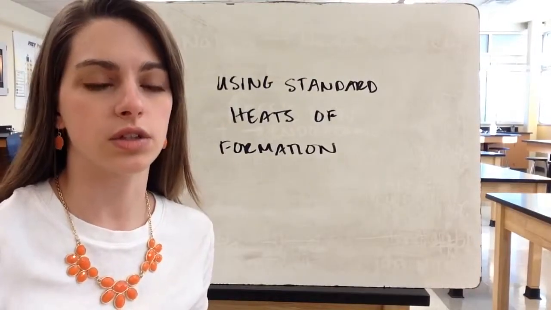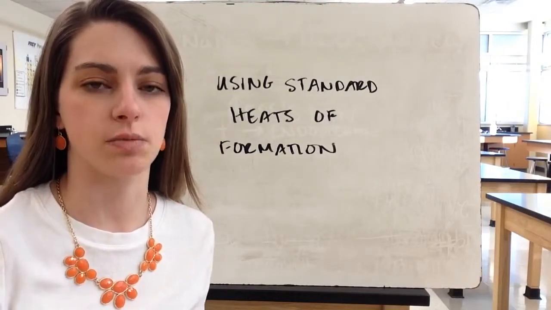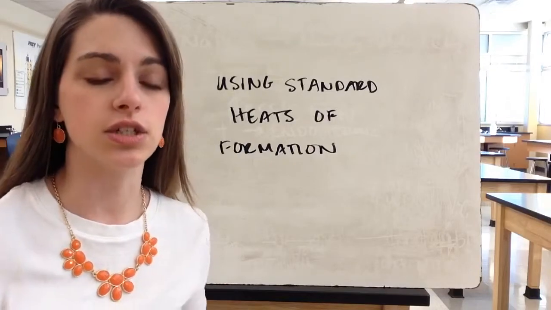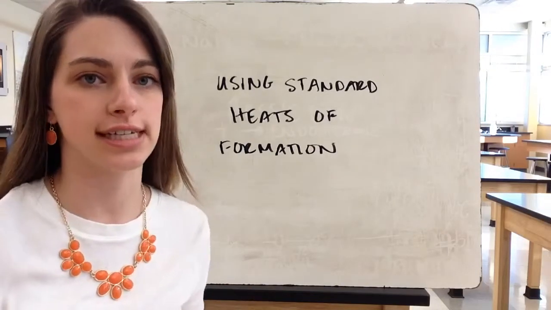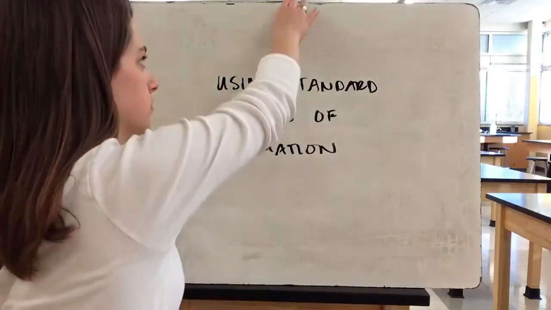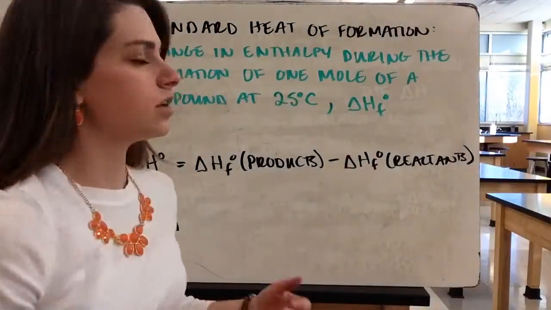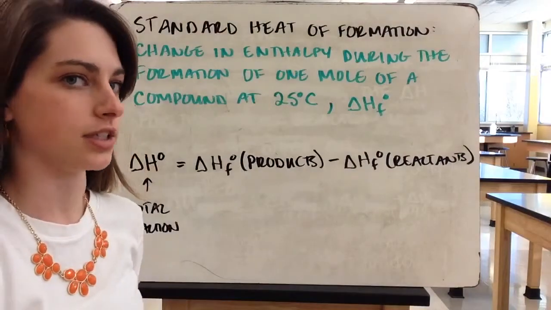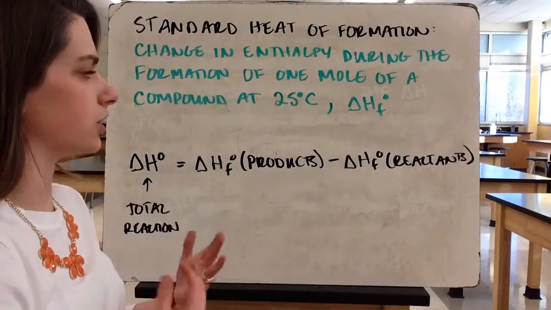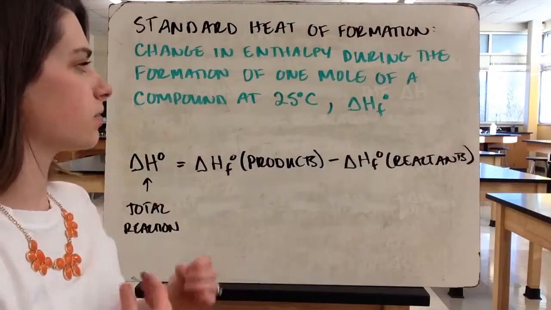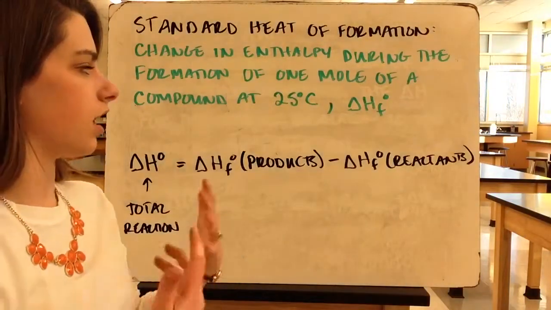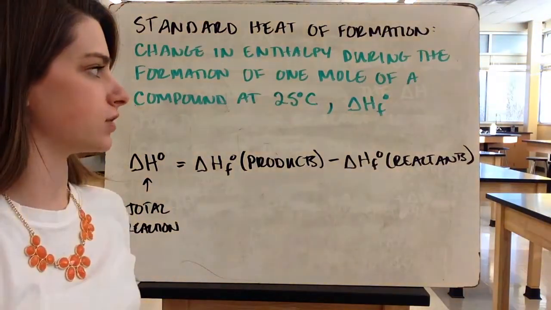So another way to look at the delta H, or the change in enthalpy for a reaction, is to use what are called the standard heats of formation. A standard heat of formation is the change in enthalpy, or the change in energy, during the formation of 1 mole of a compound at 25 degrees Celsius.